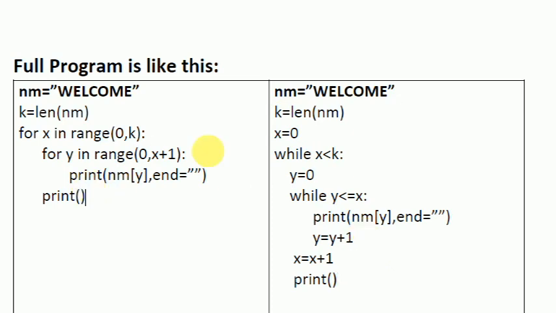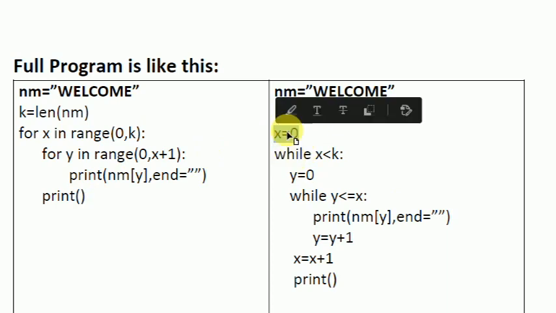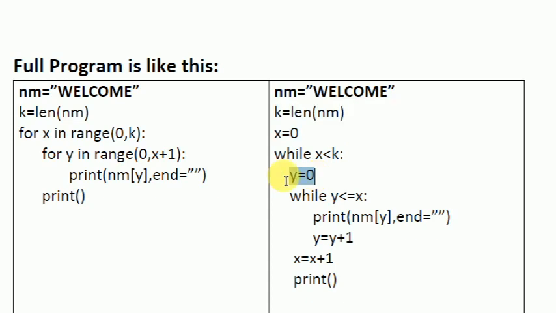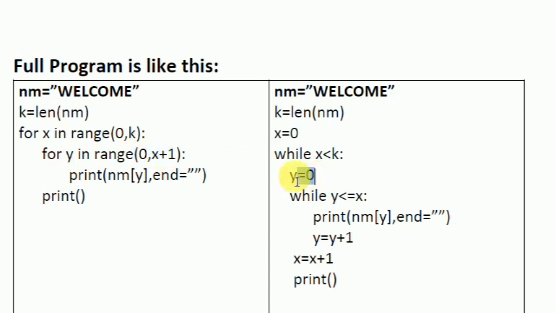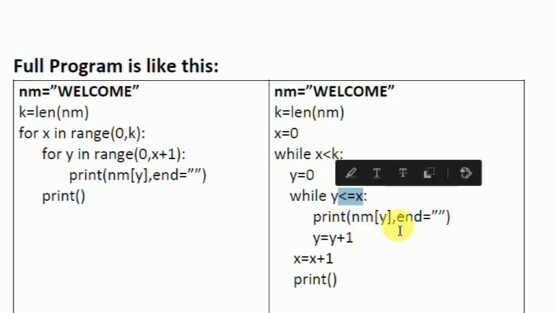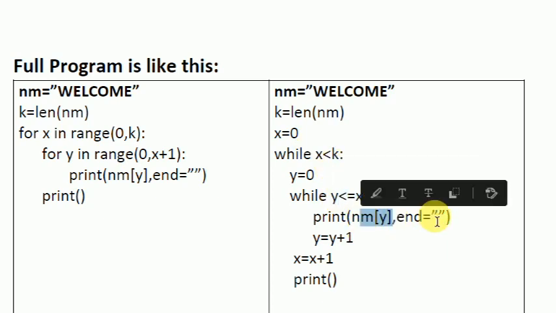The concept is the same, only you have to initialize the variable before the while loop every time. Y is going to be initialized like this, then y less than or equal to x, the same line, y 0 and x plus 1, y 0 and y less than or equal to x. That's going to give you the same value, and nm of y is going to be the same thing, and you know that the work is horizontal.